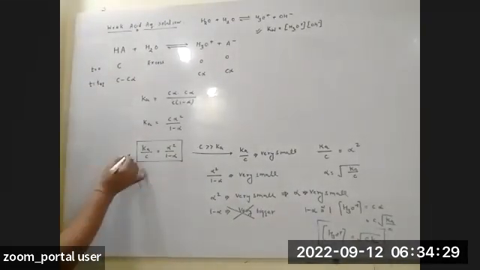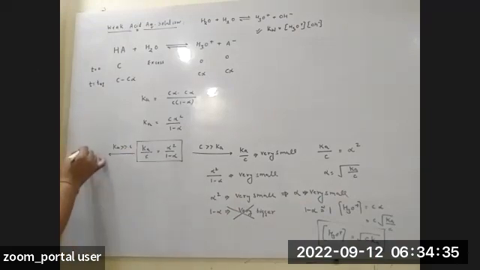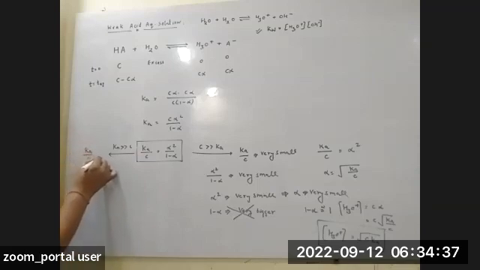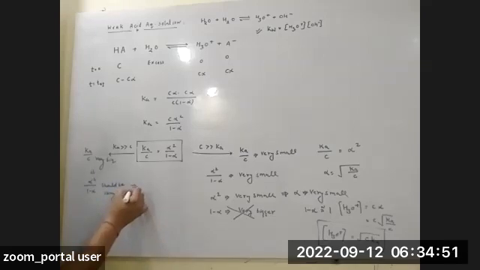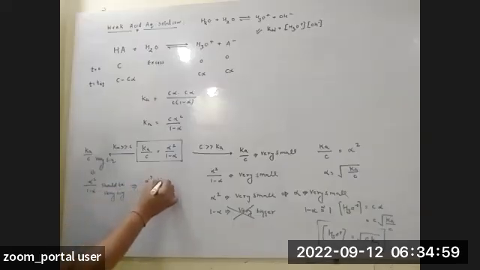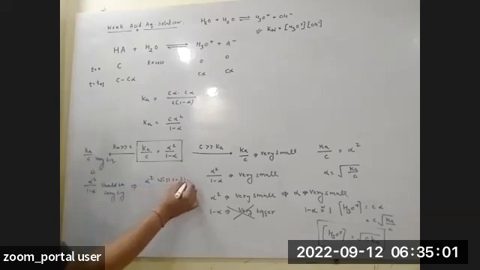Now, we can have another type. If Ka is very, very greater than C, now K by C will be a very big number. Then alpha square by 1 minus alpha should be very big. Now, alpha square will be very big, or 1 minus alpha will be very small.